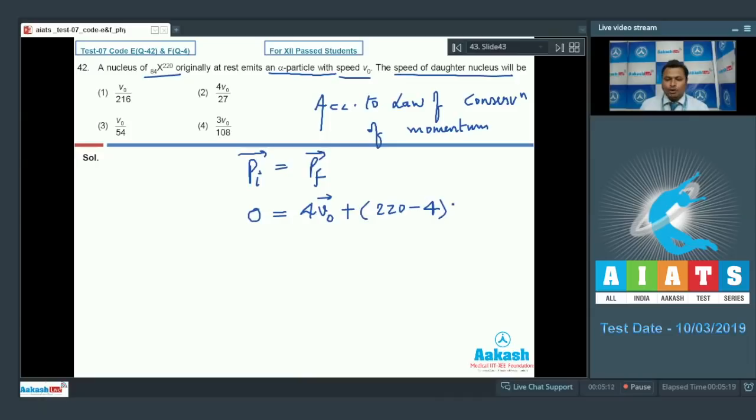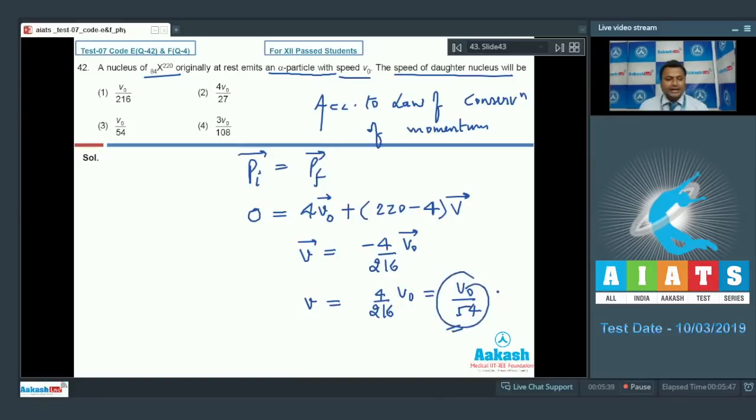Suppose the speed which the daughter nuclei is moving is V. So in vector form we can write it V. So finally we have got the vector V value as minus 4 upon 216 V0 vector. The speed V will be 4 by 216 V0, that is V0 divided by 54. After looking at the options, option number 3 is absolutely correct. So we will go with option number 3.